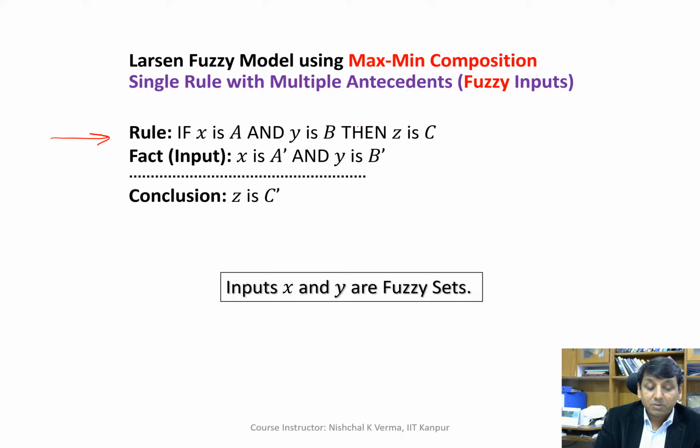but this model is defined by a single rule with multiple antecedents, so we can have multiple antecedents. For simplicity, we have here only two antecedents, but it can be even more. Both the antecedents, x is a and y is b, are connected with a connective, that is and here, but it can be or also.